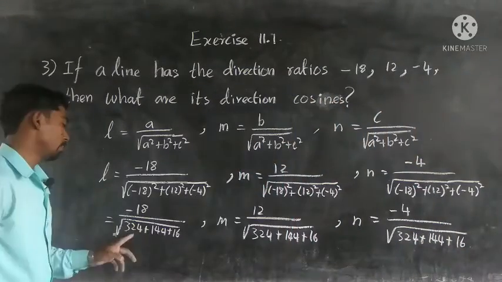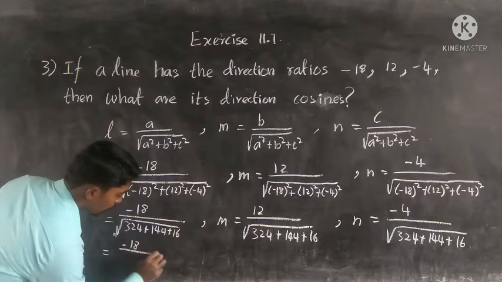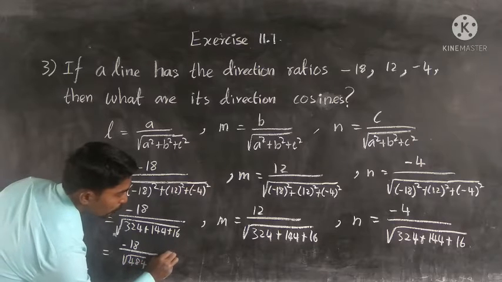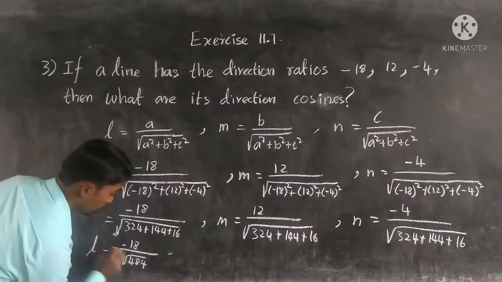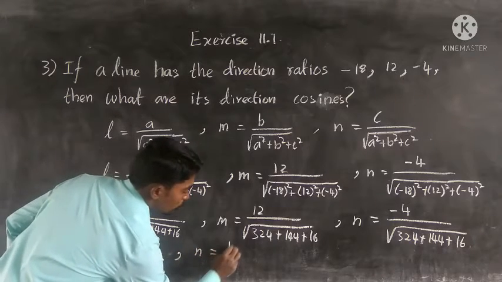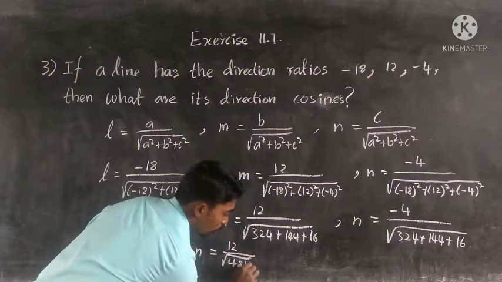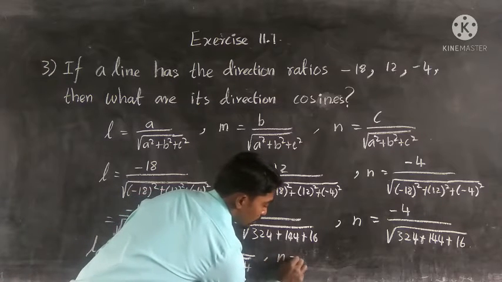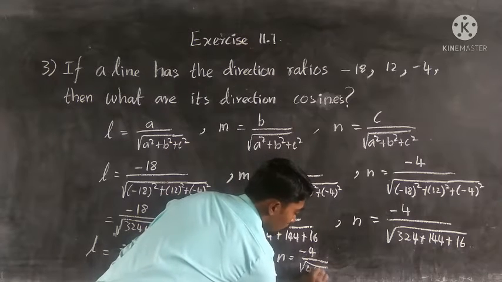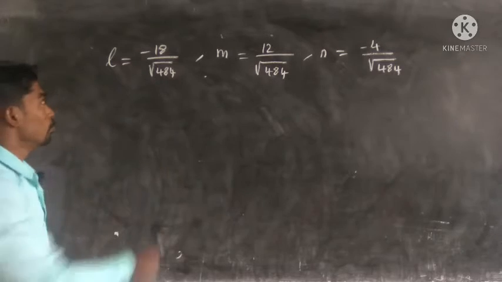Add these values, you will get minus 18 divided by square root of 484, 12 divided by square root of 484, and n is equal to minus 4 by square root of 484. Square root of 484 is 22.